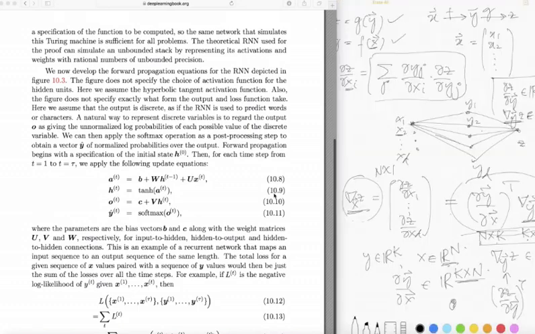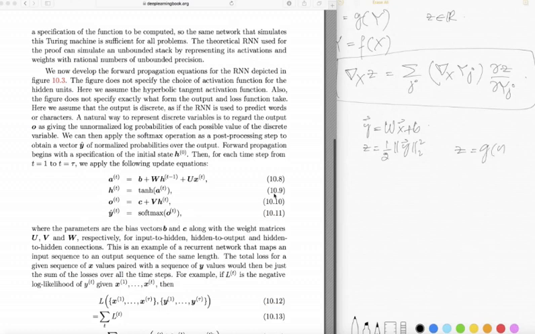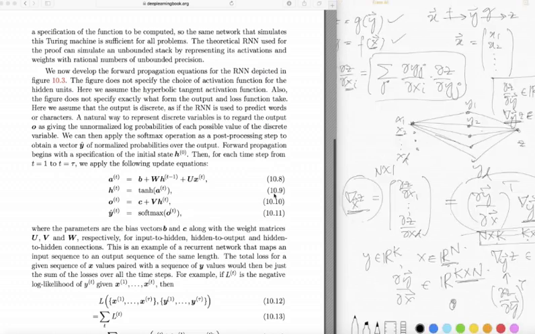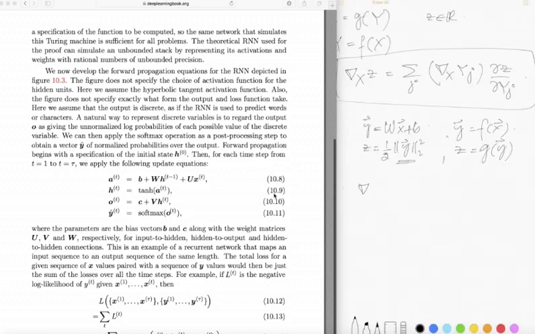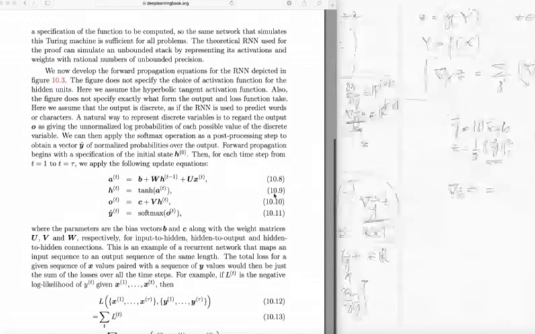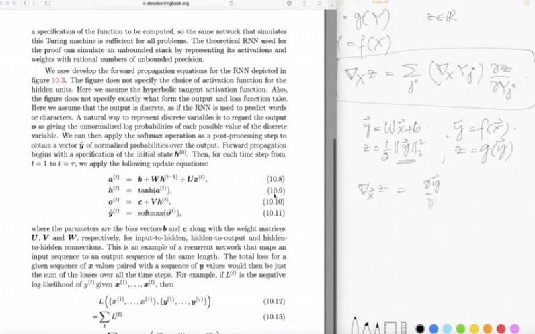Z is equal to g(y), so this is your g(y) function, and this is your y equals f(x) function. As we derived, the gradient of z with respect to x is basically the transpose of partial y over partial x, multiplied by the gradient of z with respect to y.